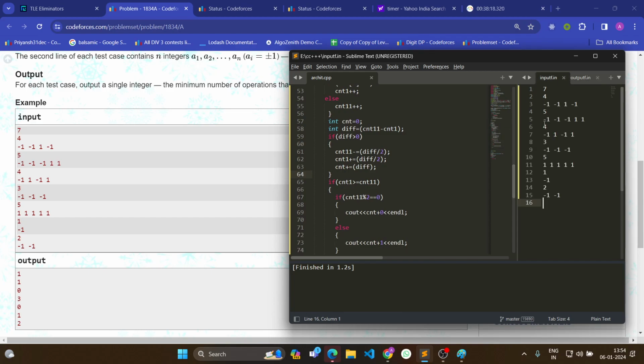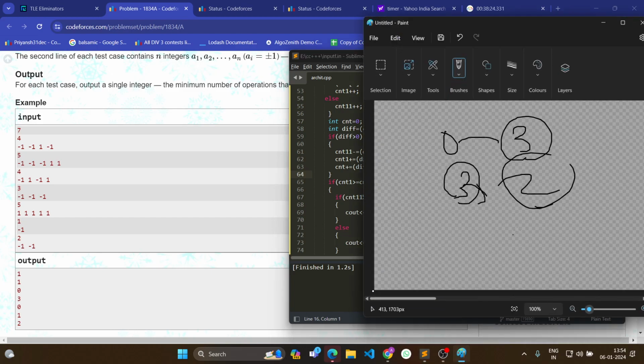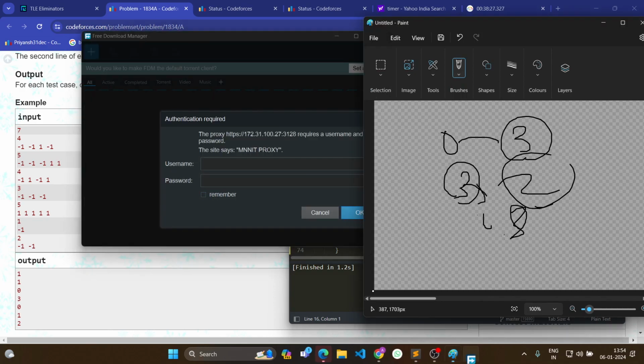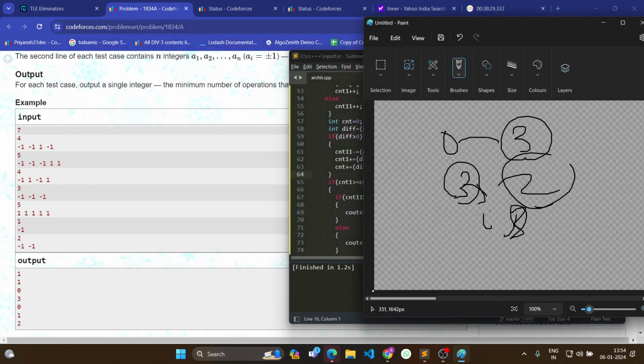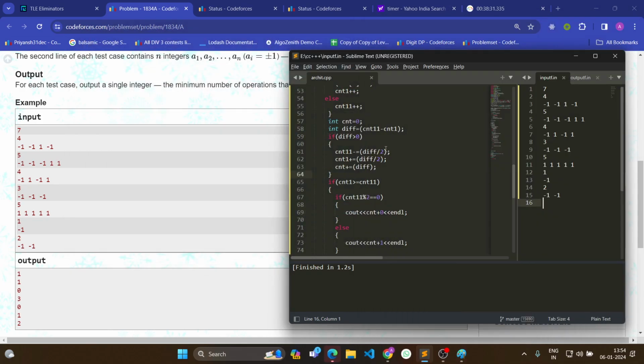Why? What's the problem? Like if it was 3, then the answer. Oh god. Okay, again I need to consider the difference. So let's do one thing: diff plus 1 by 2. This is a trick that I learned.